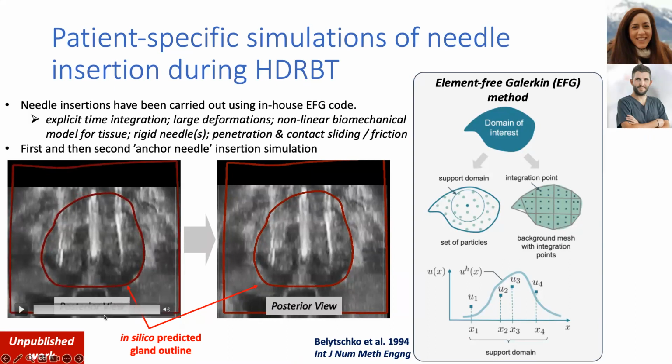After the insertion of the first needles, just a small disclaimer, what they do is they first insert two needles just to fix the prostate, and then they insert the needles that have to be used for infusing the drug. So this is a published work.